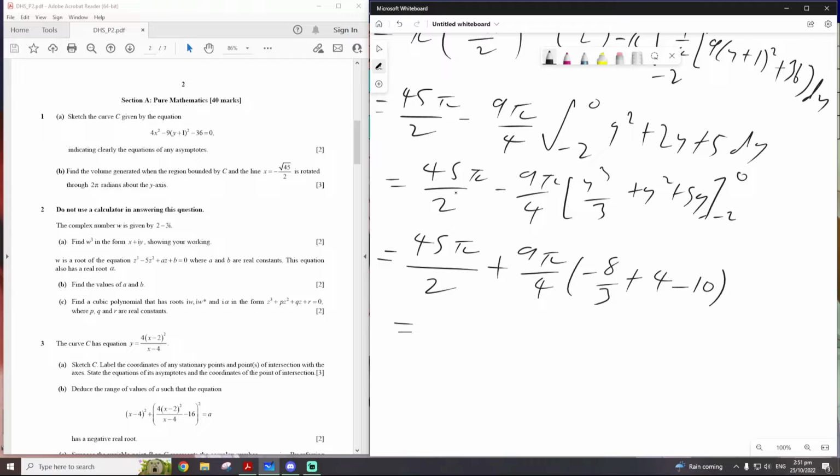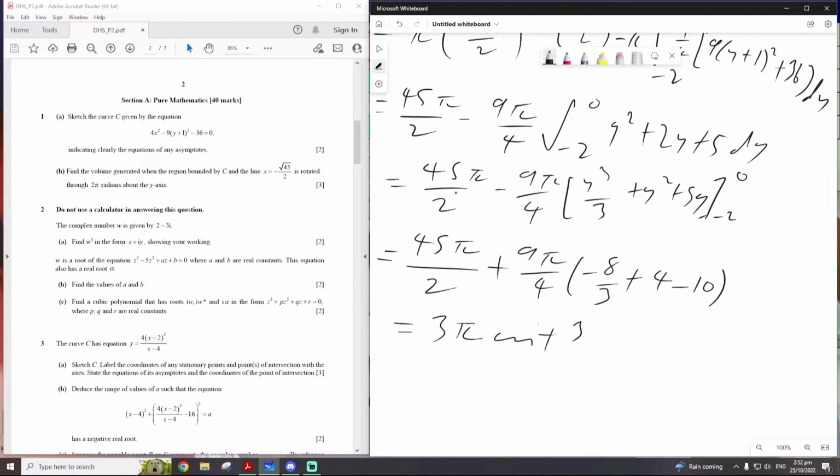Or rather, no. Oh, sorry, this is negative 26. Okay, I was thinking of 8, not 6. So this is negative 26 over 3. And this will simplify to negative 39 over 2. So therefore, you just get 3 pi as the exact volume.